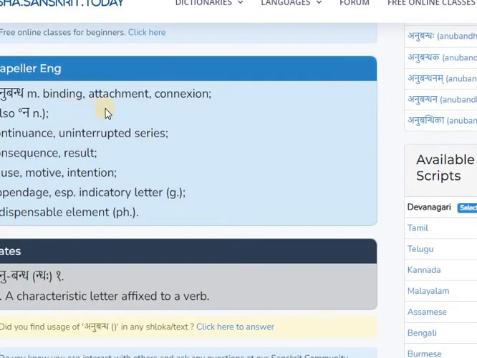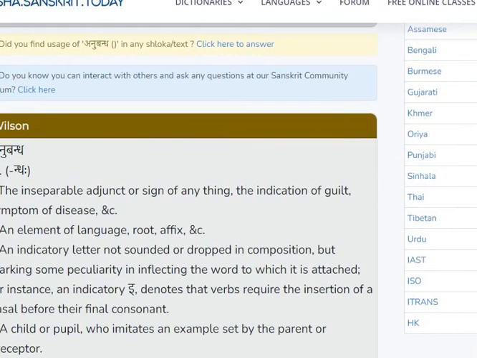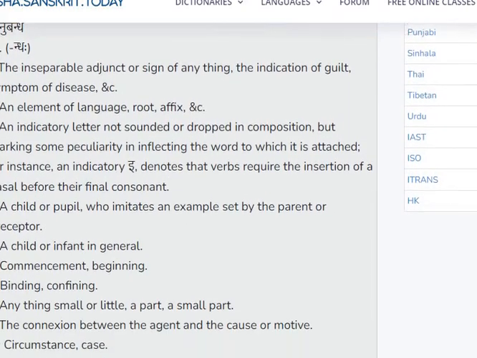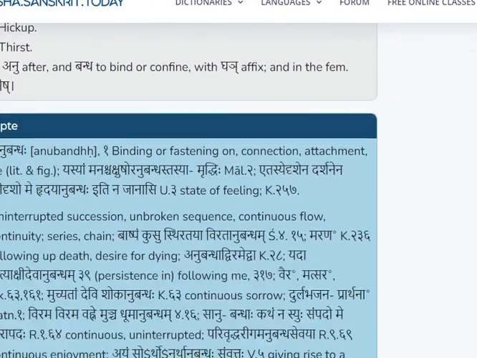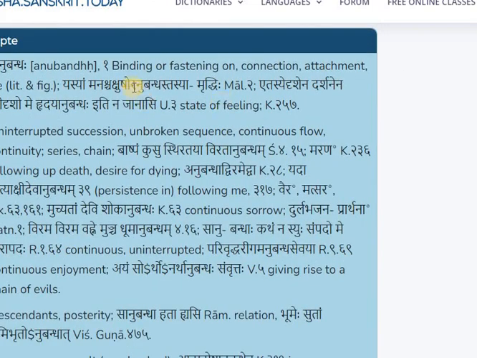See, binding, attachment, connections. After that they have given binding and fastening on, connection, attachment.